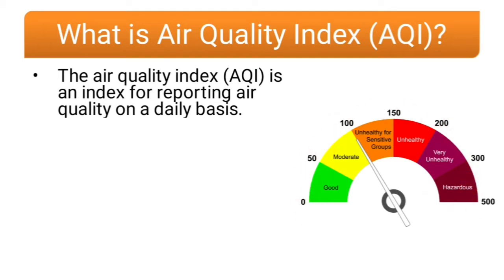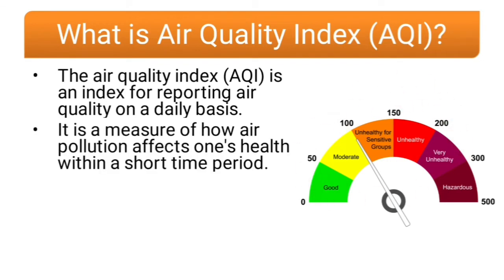In many cities, we follow this particular range 0 to 500, where each category has been named with different parameters like 0 to 50 it is good, 50 to 100 it is moderate, and so on and so forth. We are also going to study this in detail.